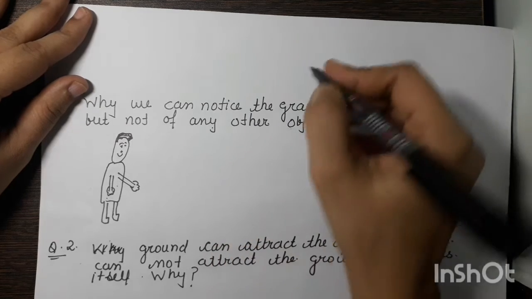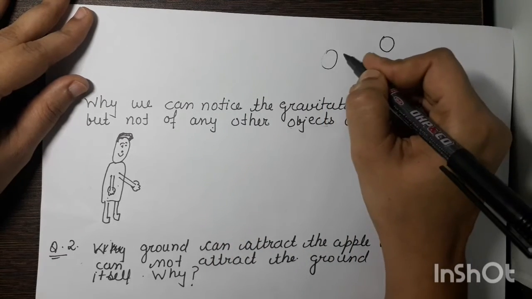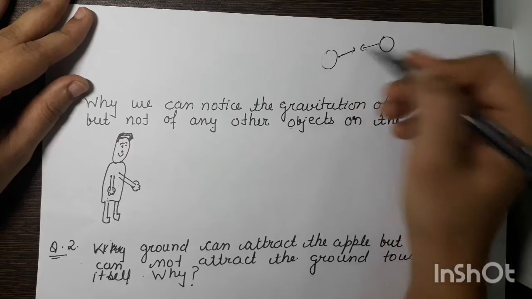We cannot see that any object which is attracting another object, they are moving towards each other.